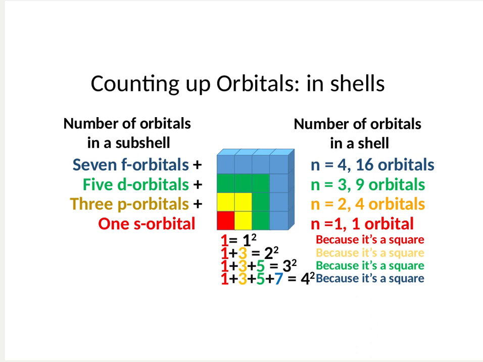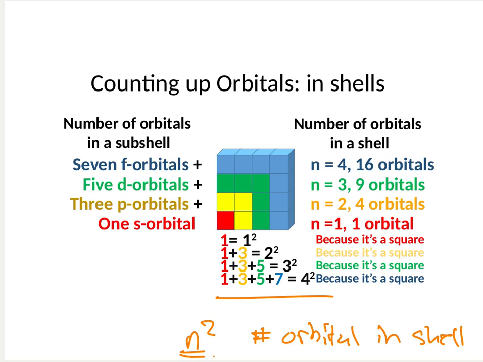We've got each one of these labels, S, P, D, and F, corresponding to the different sublevels, corresponding to different stories in our electron home, and we've got a nice quick way, n squared, that gives us the number of orbitals in a given shell, right? And recall, the shell is determined by that value of n.